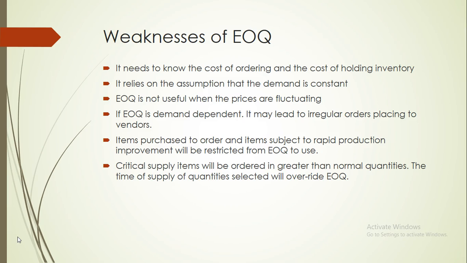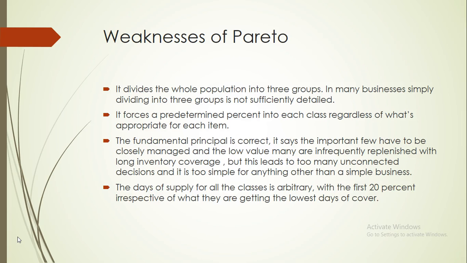Items purchased to order and items subject to rapid production improvement are restricted from using EOQ. Critical supply items will be ordered in greater than normal quantities, and the time of supply of the quantities selected will override EOQ. These are a couple of weaknesses of the EOQ, and now let us look at the weaknesses of Pareto.